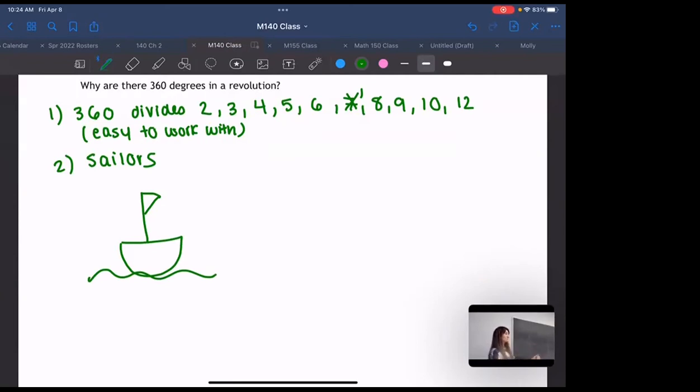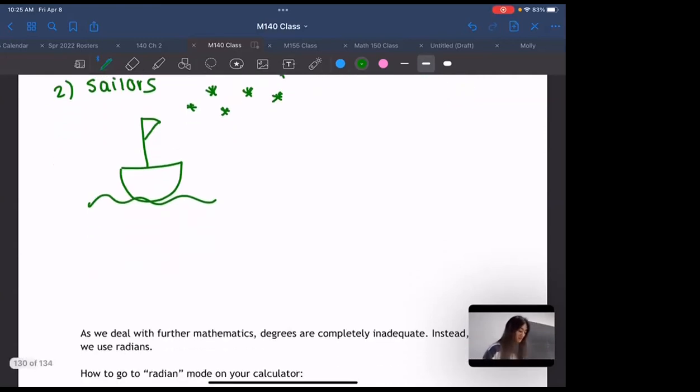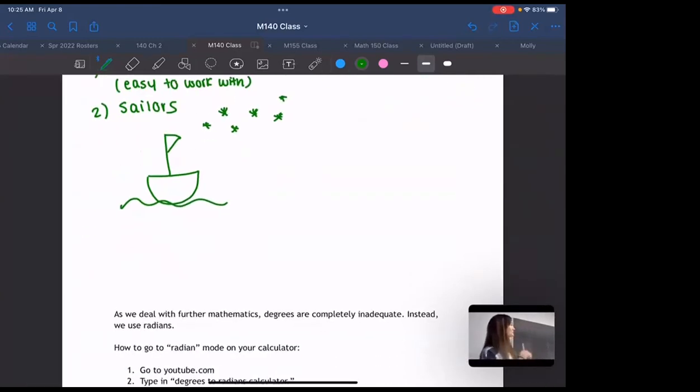So yes, compass, coordinates, good, but those coordinates and where you're going, the direction, are determined by the stars, right? So sailors would look up at the sky and look at the constellations, and that would kind of show them where to go, right? So going way back in time here. Okay. Now let me give you a scenario where sailors kind of got confused, okay? So I'm going to draw you a little picture.